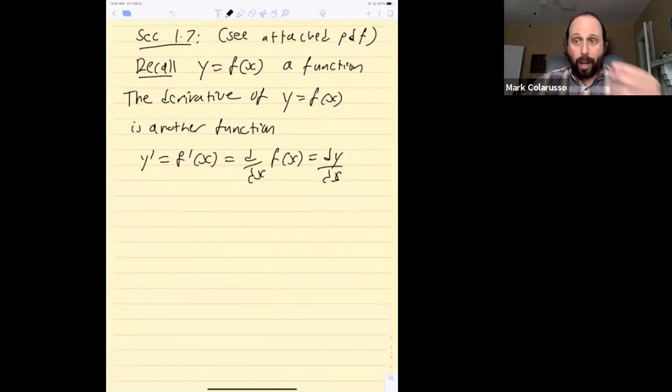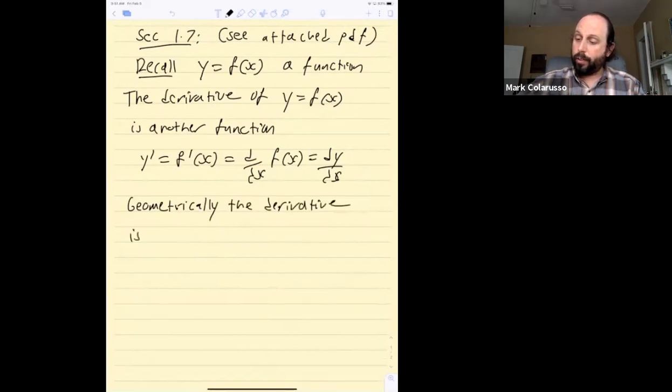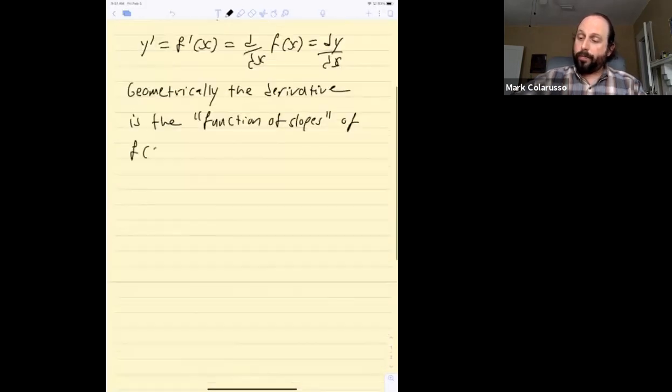Let me remind you that's what the meaning of the derivative actually is. Geometrically, the derivative is the function of slopes of f of x.